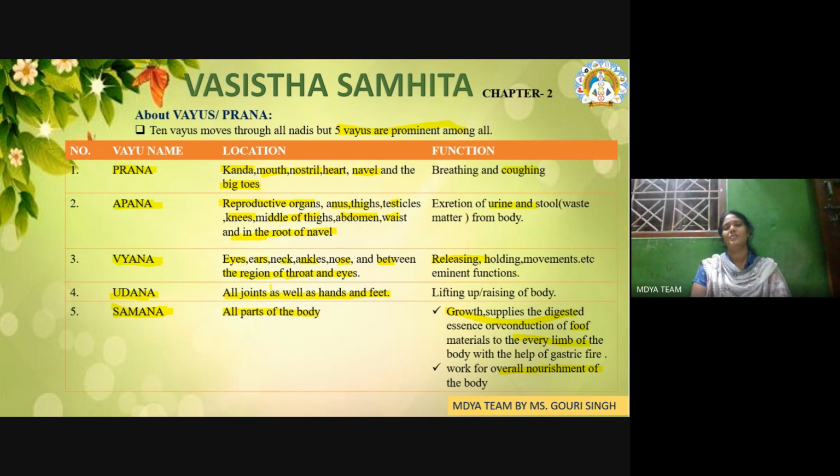First, whatever Vasishtha is telling, try to understand that. Then you link with the other. First focus on whatever you are studying. First understand that concept, because of how Vasishtha relates first Kanda, then Kundalini, then Nadis, then Prana.